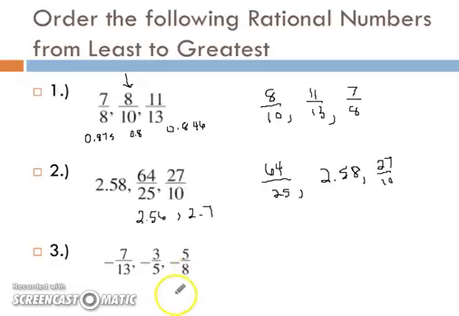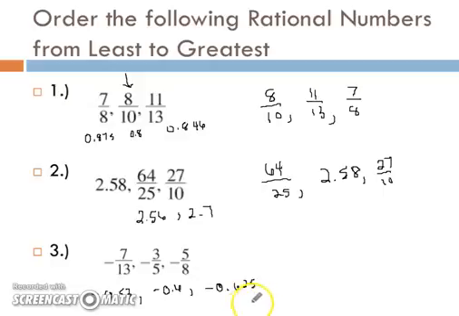And our last one, note these ones are negative, so watch for that when calculating those. So dividing out as a fraction, 7 divided by 13, and since it's negative, it's a negative 0.53. 3 divided by 5, we have a negative 0.6, and then 5 divided by 8, we have a negative 0.625. So the smallest number is the number that's farthest away from 0.